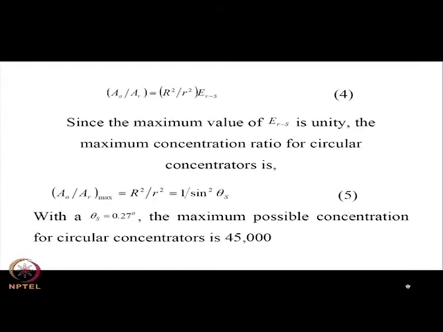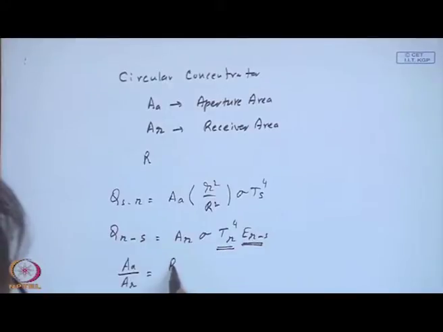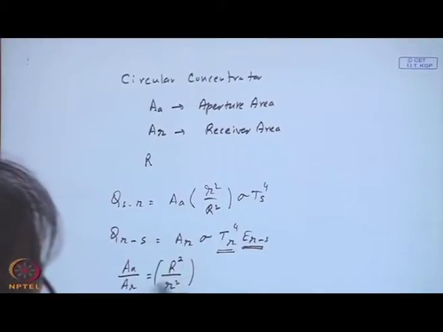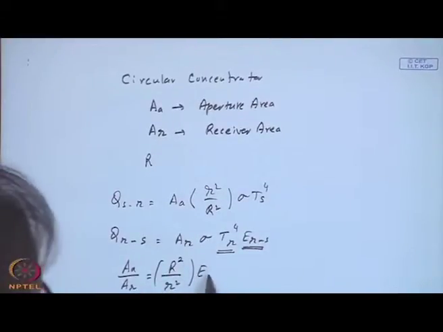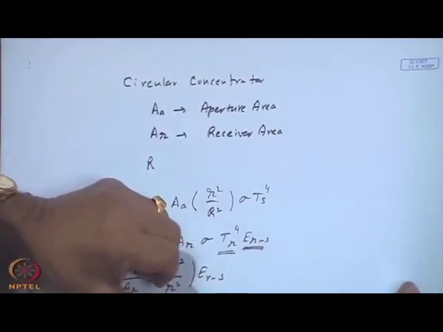So you have the ratio A upon AR as R squared upon r squared times Frs. That is, under equilibrium conditions, whatever solar radiation is received by the receiver must be getting emitted back, so that the temperature does not continuously increase.